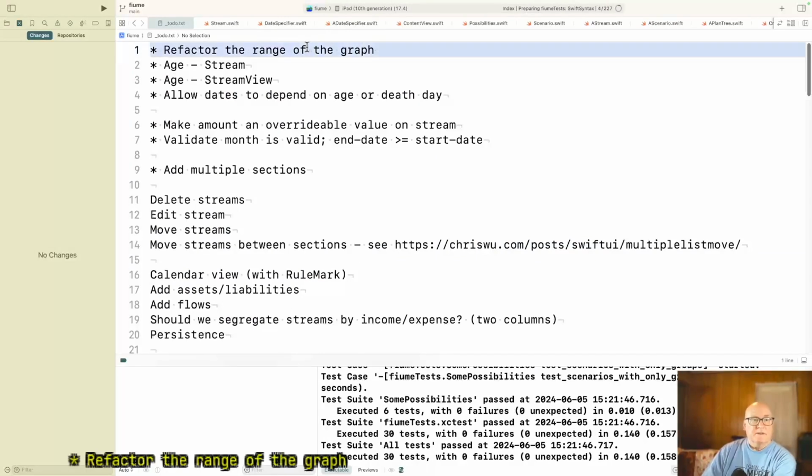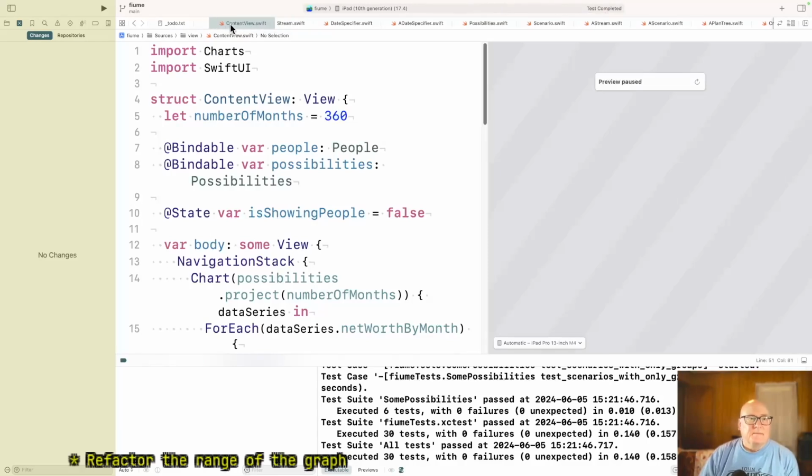Okay, refactor the range of the graph and then move back onto age. Okay, where we started all this. All right. Let's go back to content view. And let's just close these.